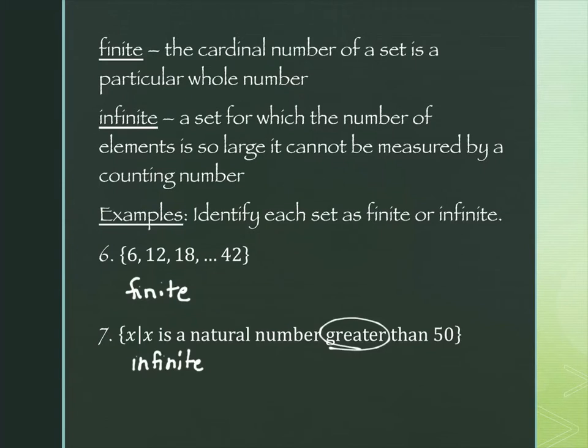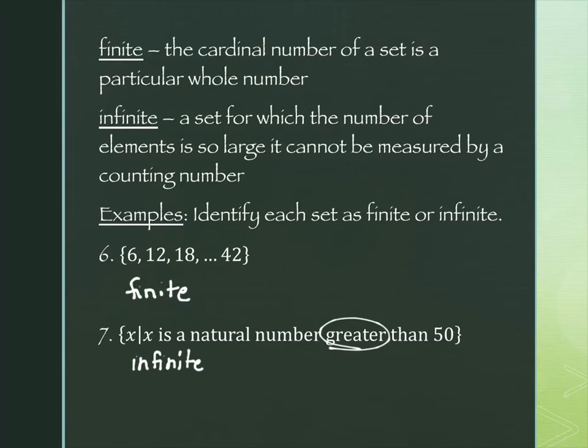Right? That greater than number is the problem. Now, in particular, if this said less than, the way that it's written, it'd be okay, and it would be finite, right? It says natural numbers, if you wanted natural numbers less than 50, we'd be good to go. Because the natural numbers start at 1. So you'd start at 1 and you'd end at 49, right? That would be finite.